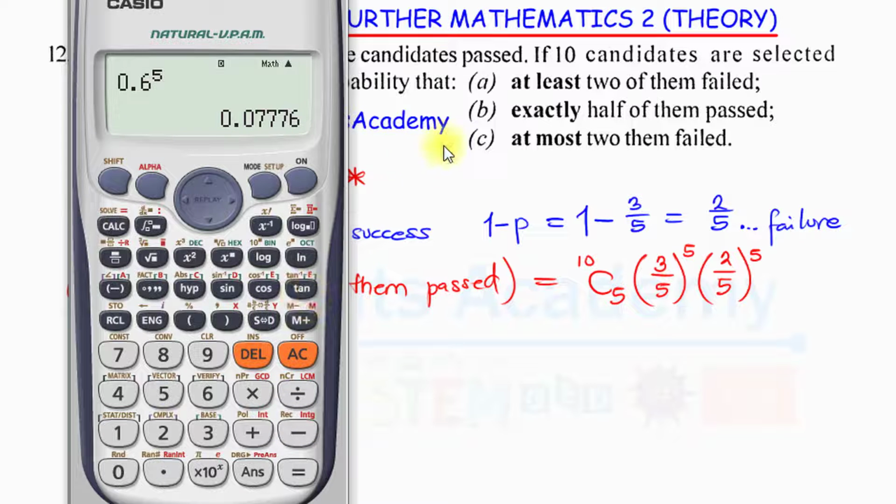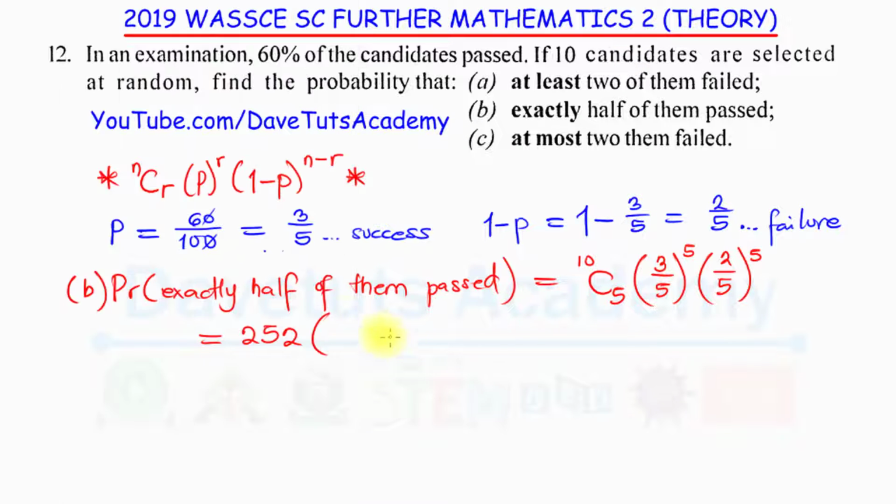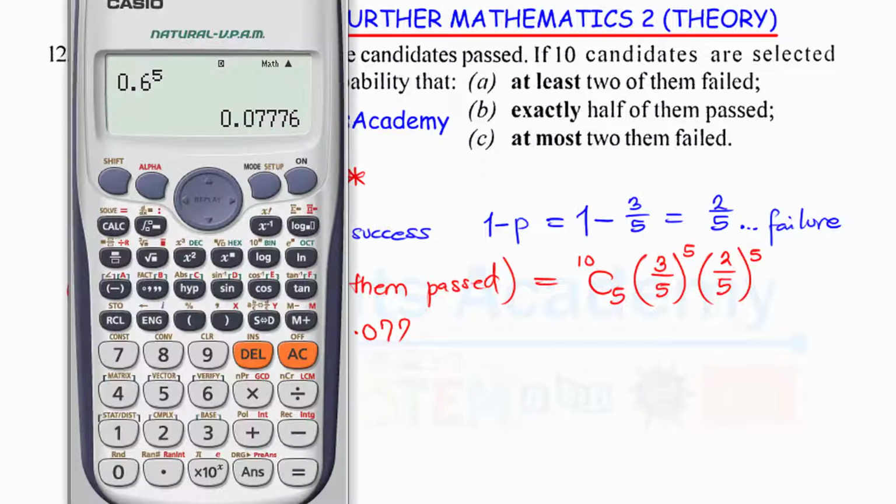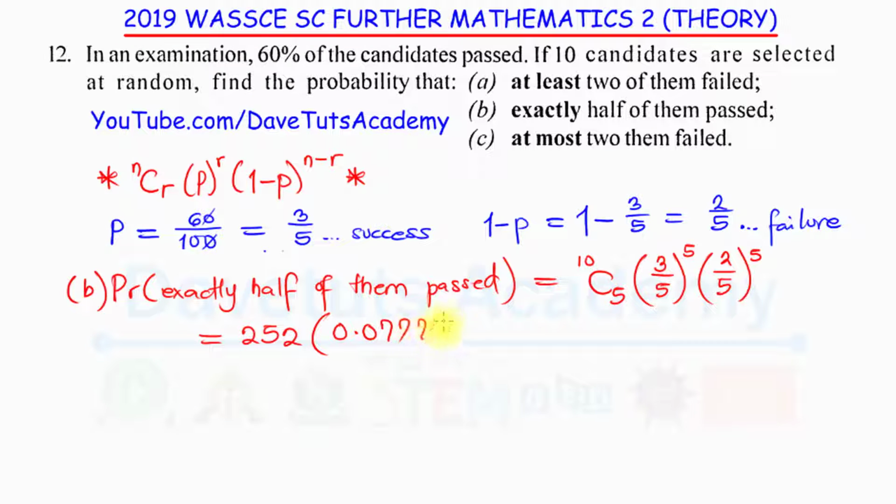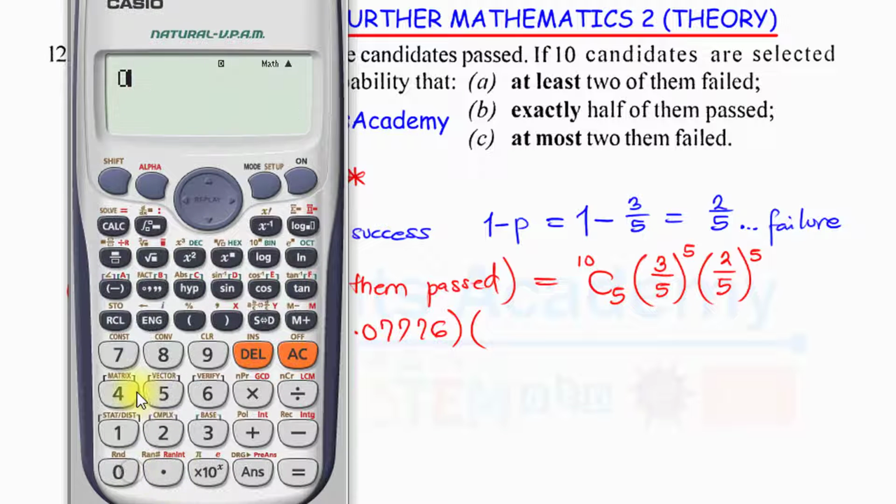So this is 0.07776. Then multiplied by 2/5 raised to power 5. That is 0.4 raised to power 5. So 0.4 to the power of 5. And this is 0.01024.